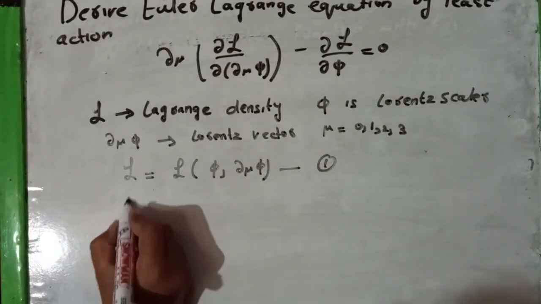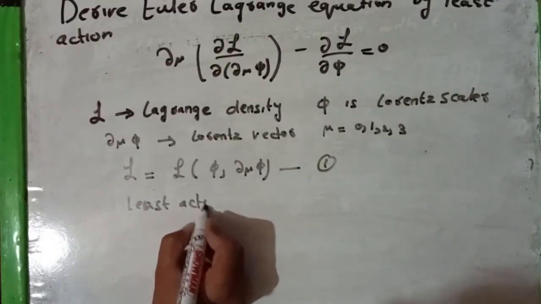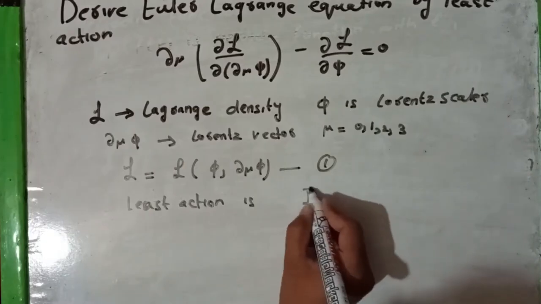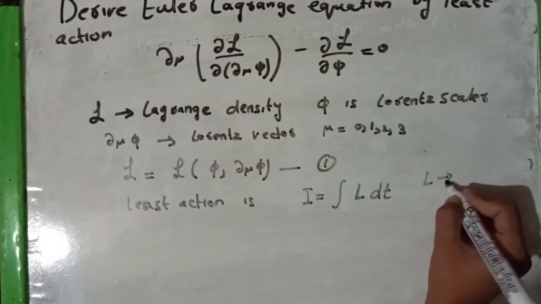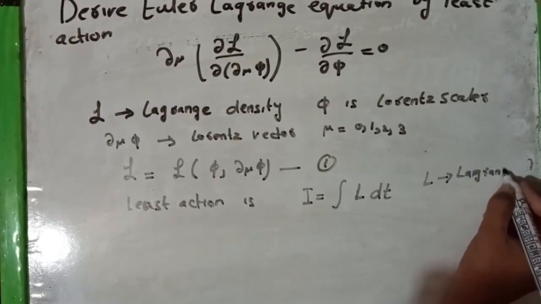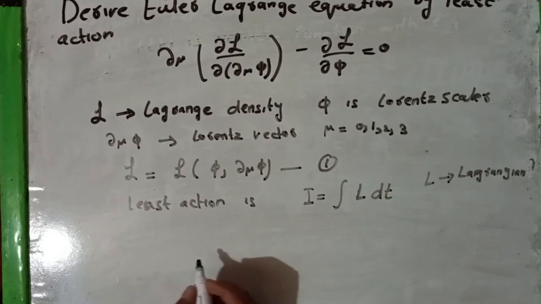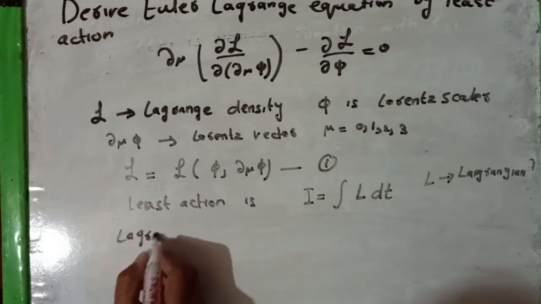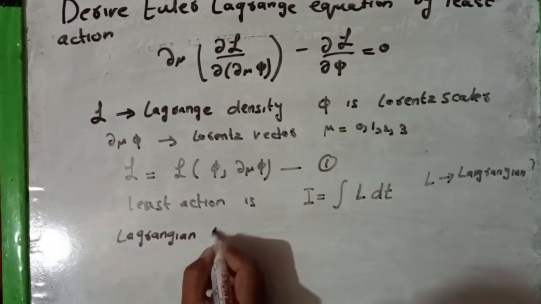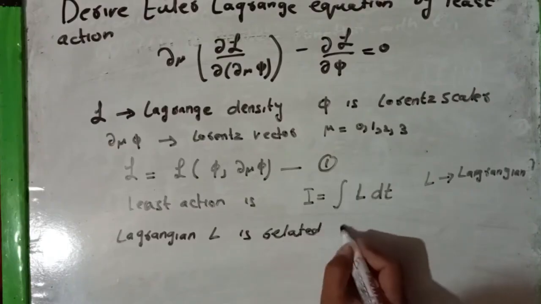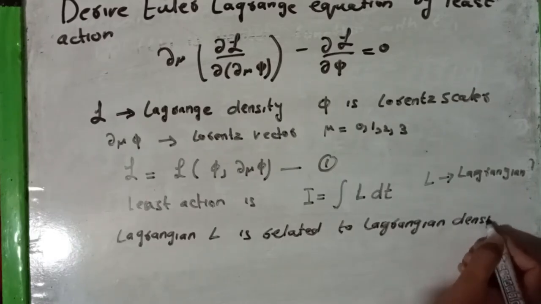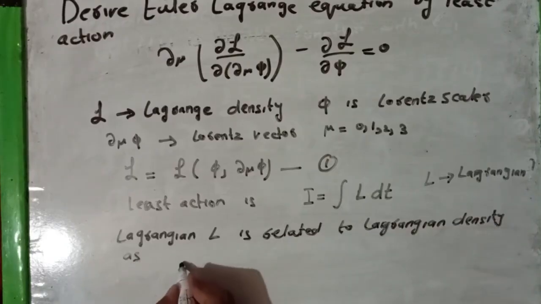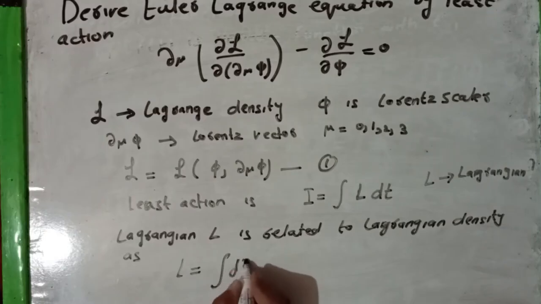The least action is I equal to the integral of L dt, where L is the Lagrangian. The Lagrangian is related to the Lagrangian density as L equal to the integral d³x of the Lagrangian density.